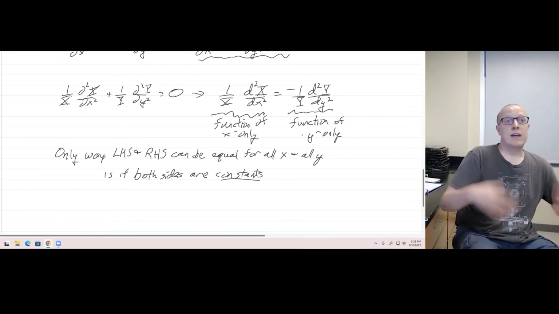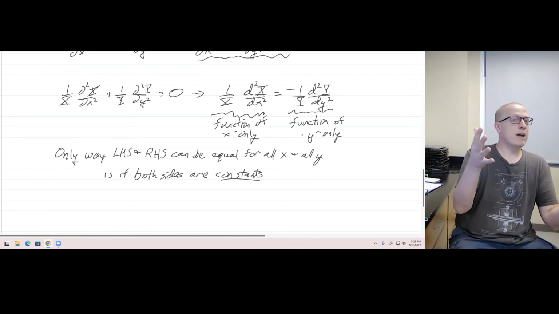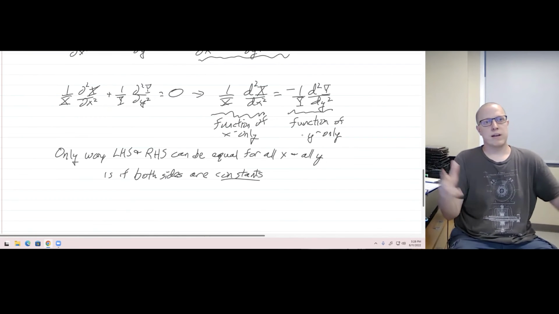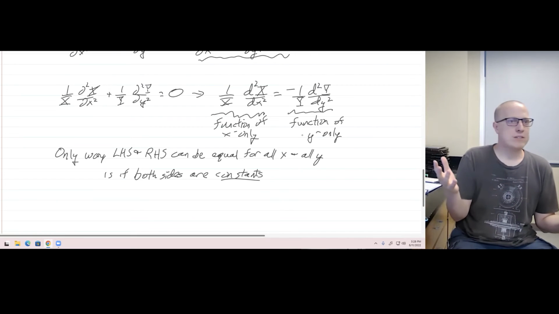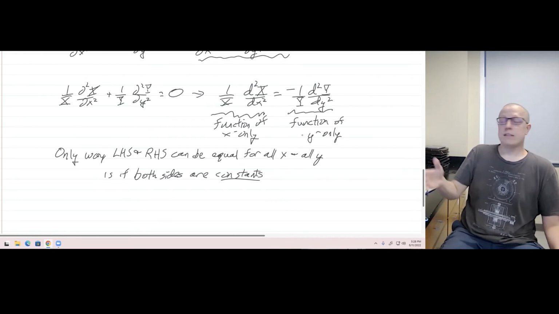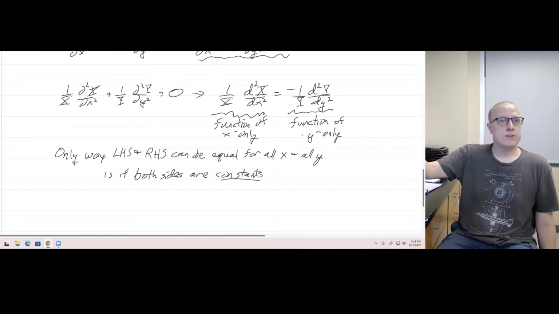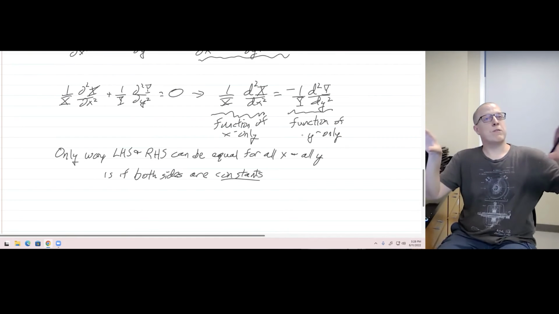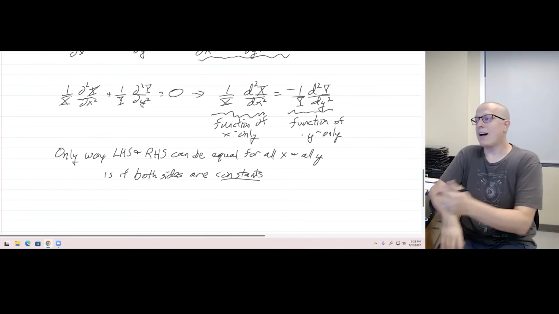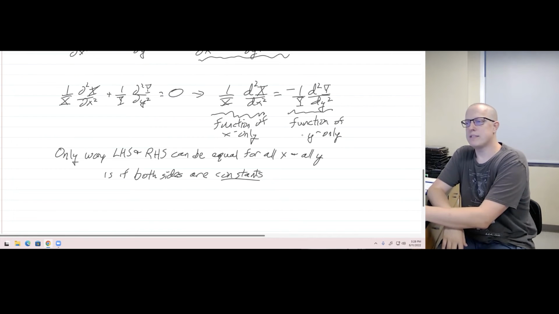Right? And that makes sense, right? If I pick a different value for x, 2 is still 2, right? If I pick a different value for y, 5 is still 5. And in this case, this equation is telling me that these two sides, they're different functions, but they're both a constant. In fact, they're the same constant because they're equal.